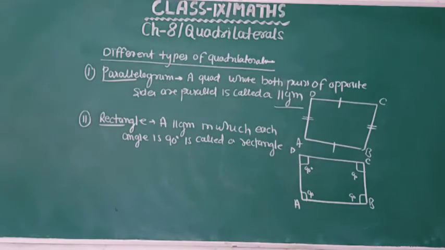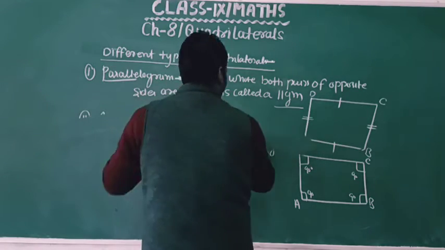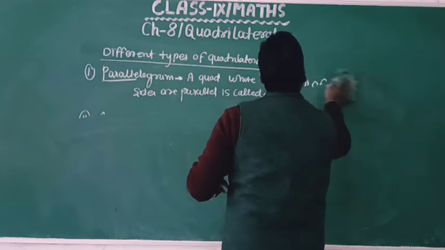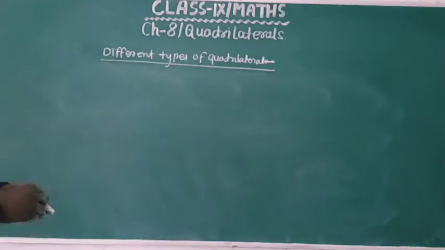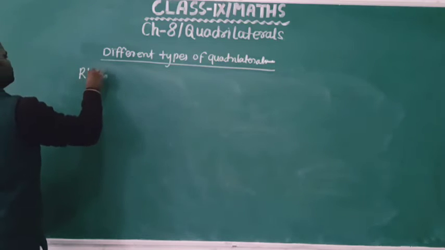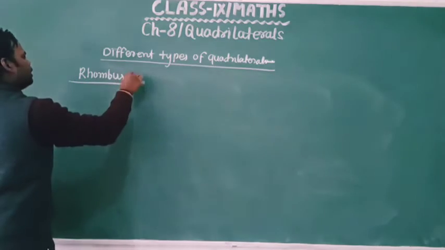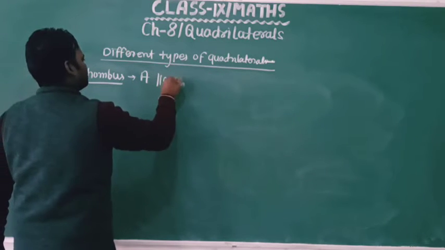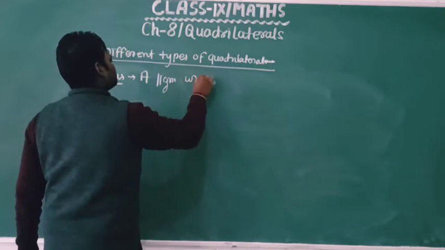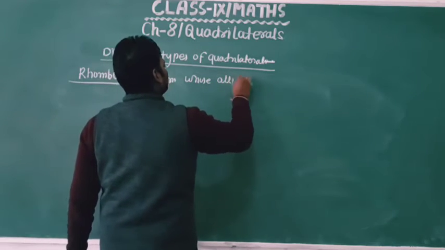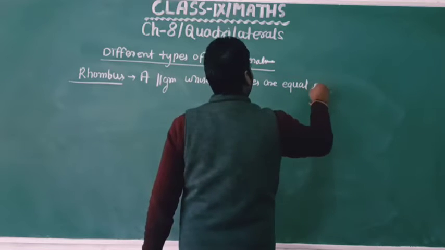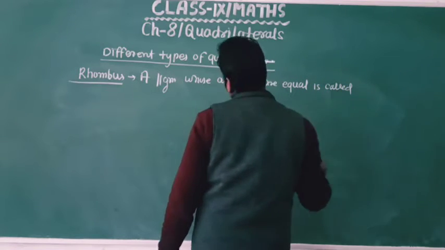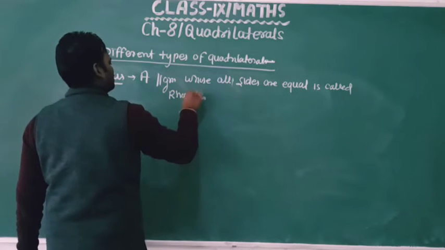And next, rhombus. A parallelogram whose all sides are equal is called a rhombus.